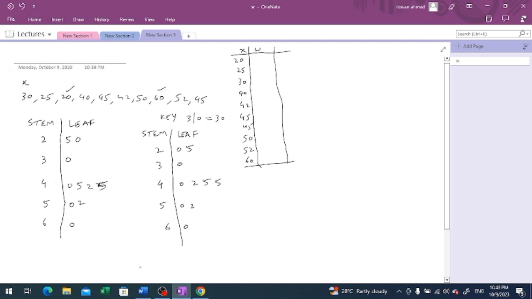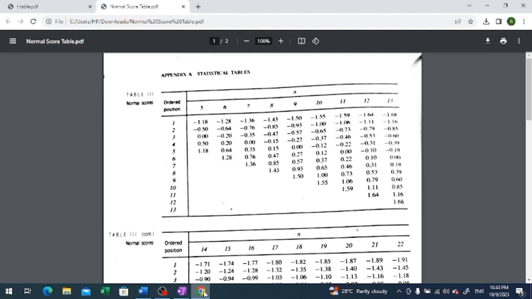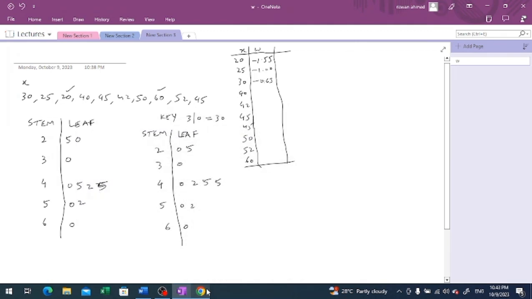So minus 1.55, minus 1.00, minus 0.65. We copy the other two as well. That's minus 0.37 and minus 0.12.